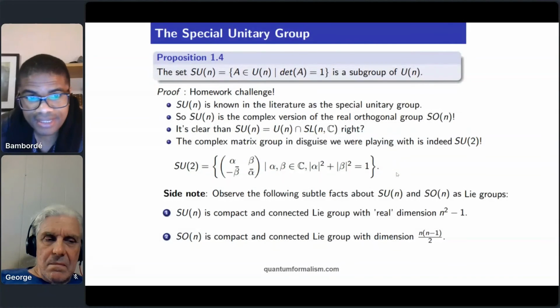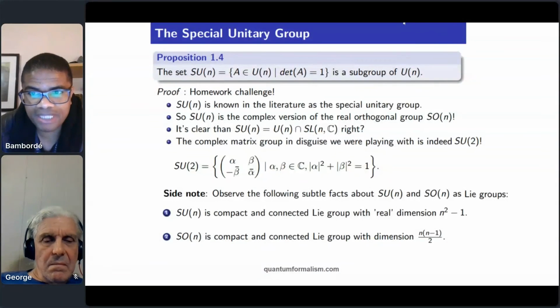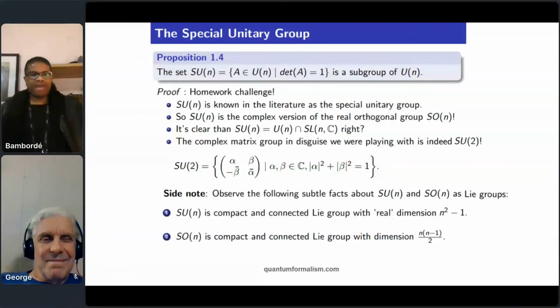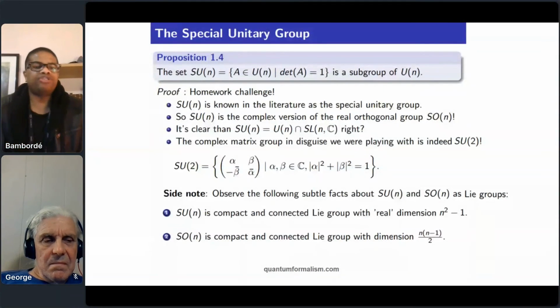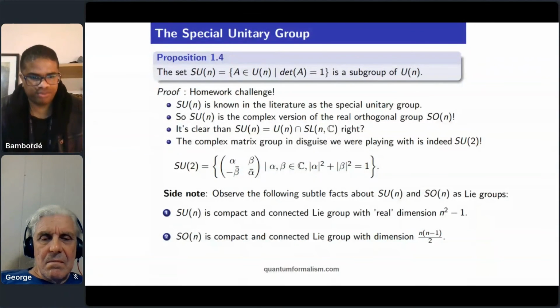So this is it. You now know the complex matrix groups that we are interested in, the most interesting ones. In the final session, we will introduce representation theory, and we will focus on the representation theory of these groups that we went through today, like the unitary group and the special unitary group.